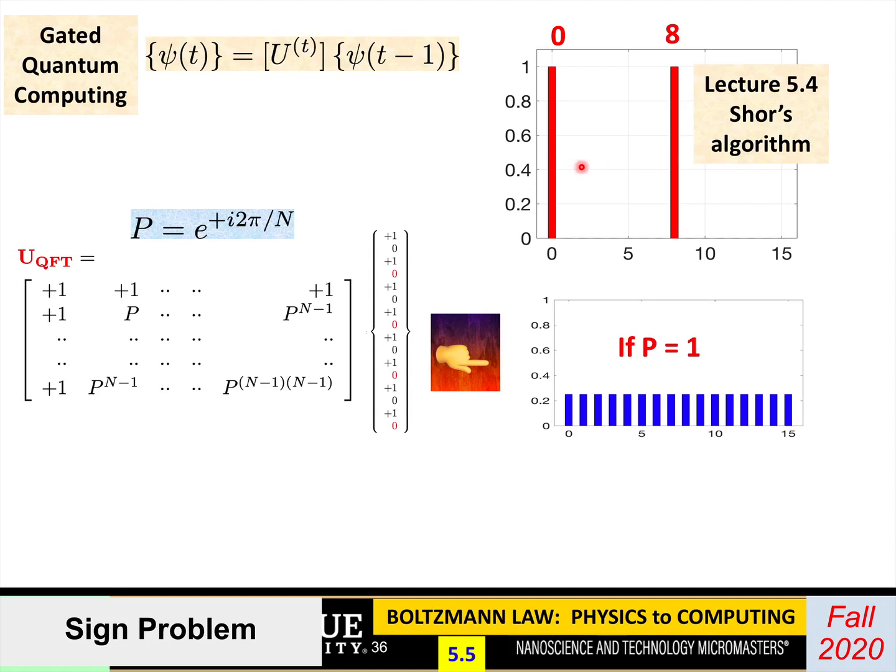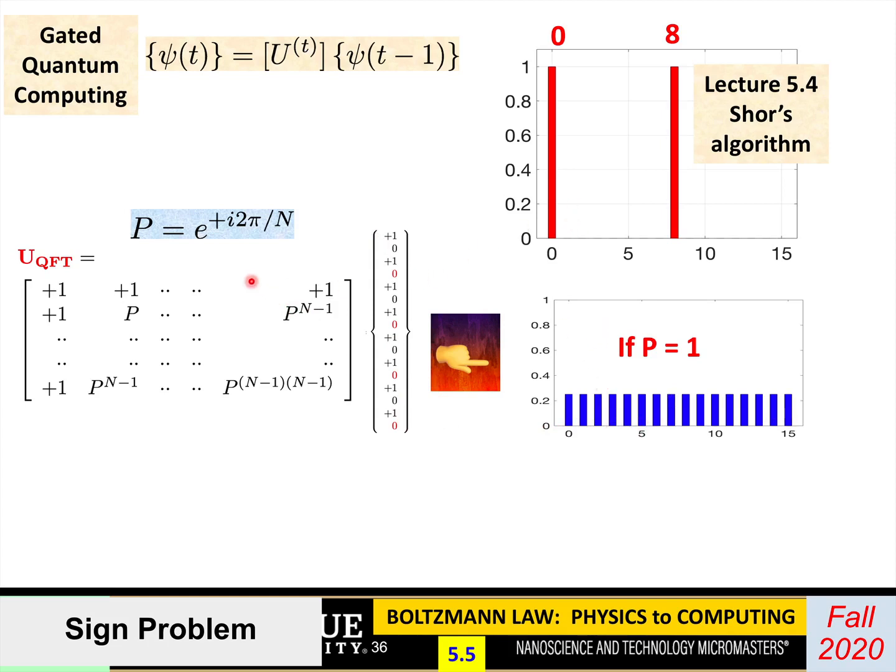But the point is these 2 peaks arise because of cancellations, in the sense that if this phase factor, instead of being a complex number, had just been 1, then we'd have got samples all over the place. When you multiply this matrix into this wave function, all the terms would be spread out everywhere.